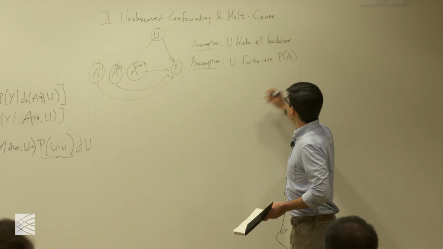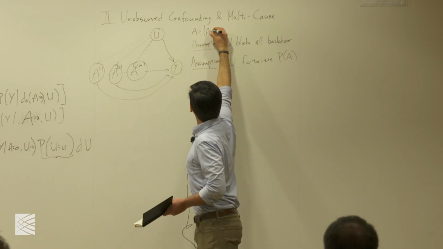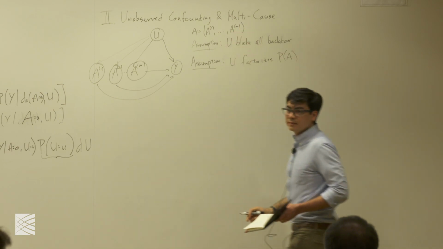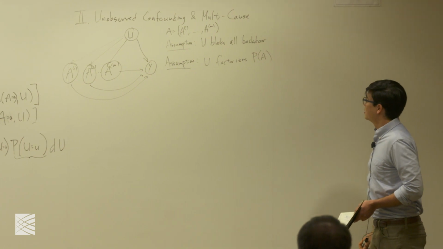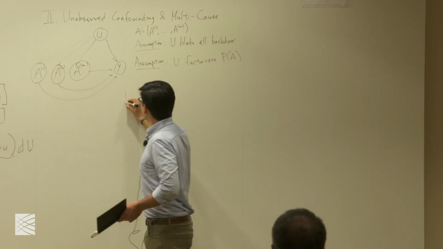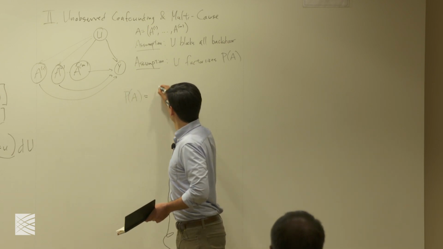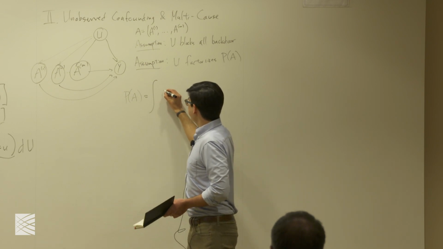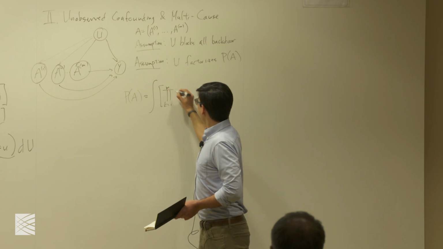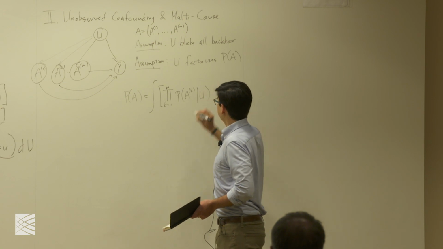When I write A, what I mean is A1 through AM, the causes that we're interested in. So when I say that U factorizes P of A, what I mean is that we can write the joint distribution of our causes A as being conditionally independent: the product over k equals 1 through m of P of A_k, conditioning on the unobserved confounder U.